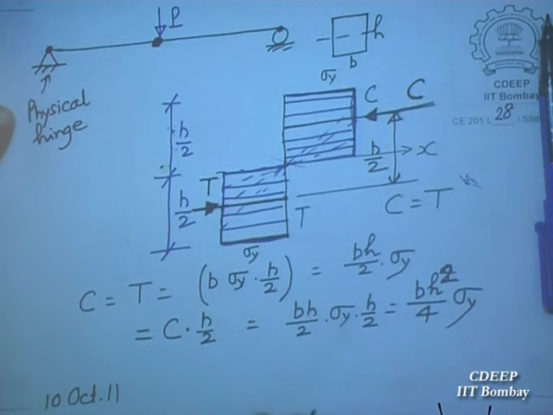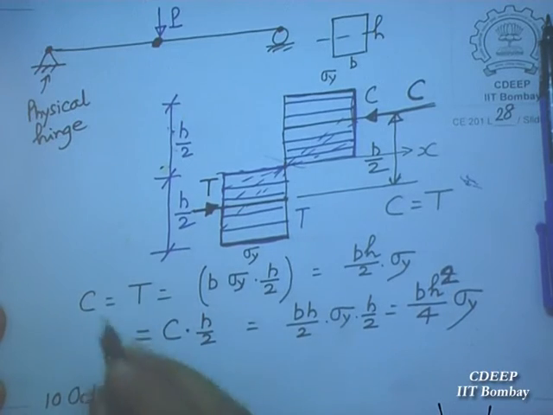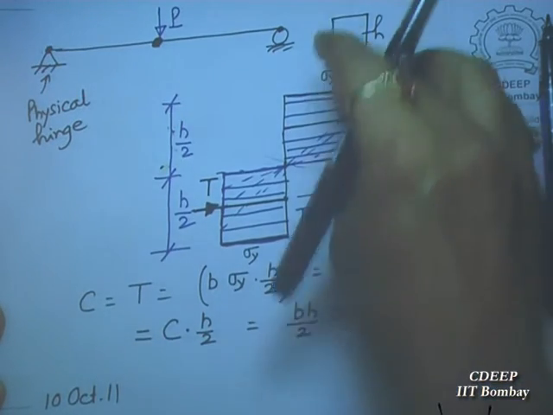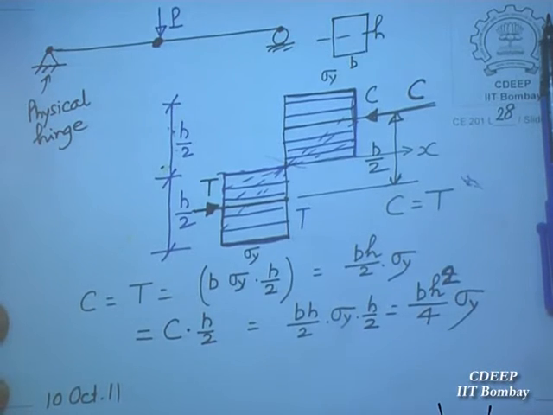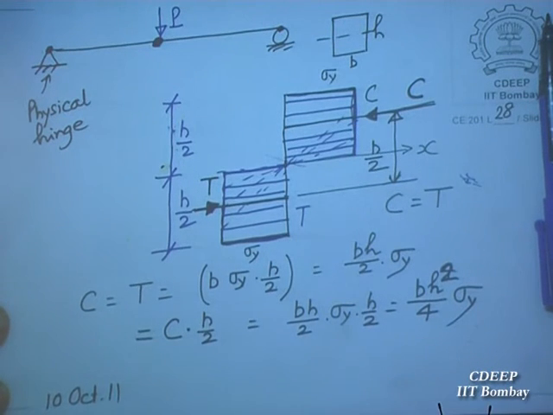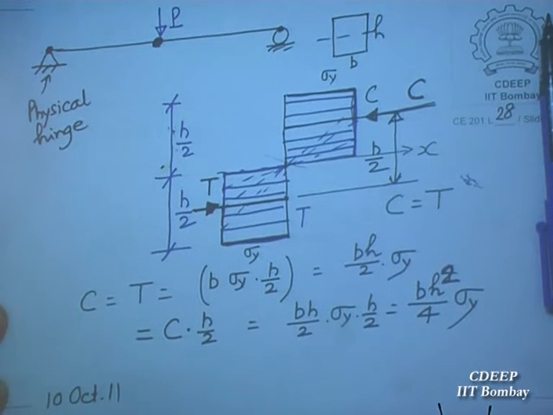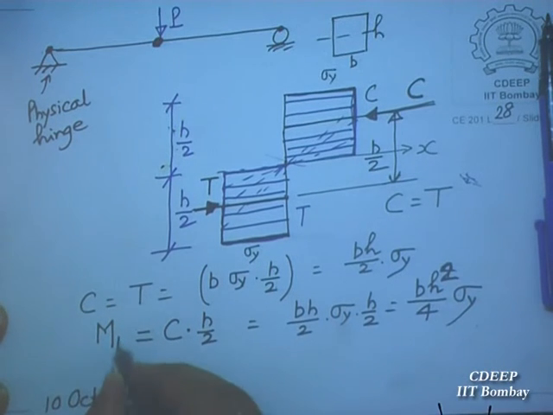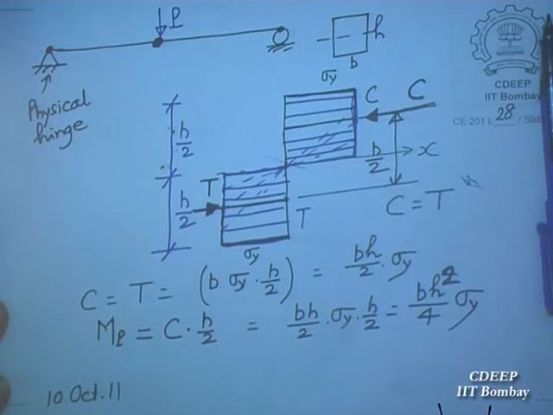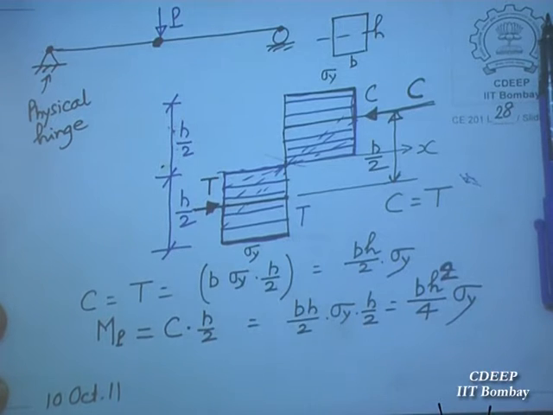What is this value? M. What M? When the entire cross section has become plastic. When the entire section has become plastic, we call this plastic moment, MP. Value of MP equal to BH square by 4 into sigma y.